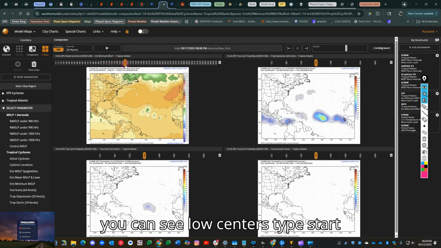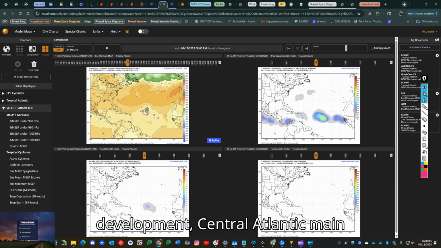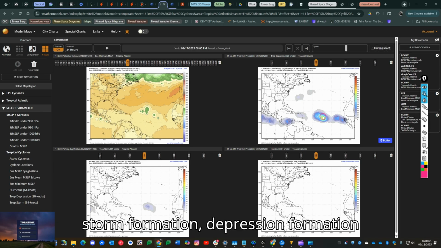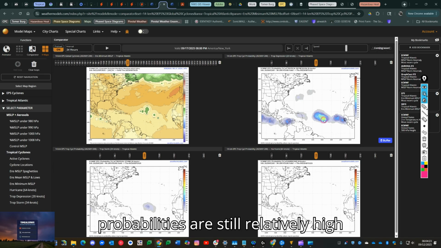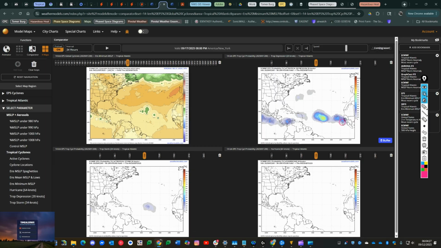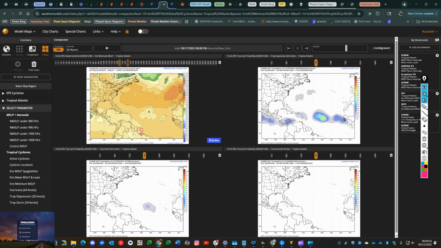And you can see low centers start to crop up here in the main development, Central Atlantic region. Tropical storm formation, depression formation probabilities are still relatively high. And we see maybe something else off the coast of Africa. Now we see the possibility of a tropical storm formation increasing a little bit.